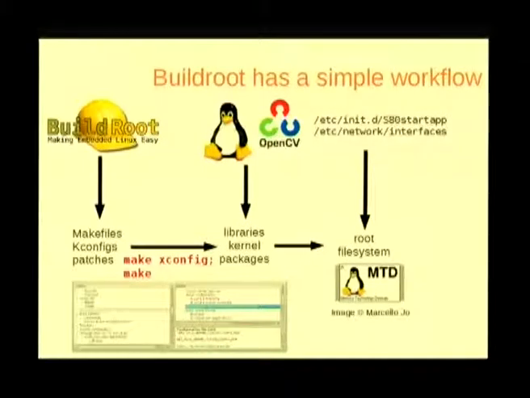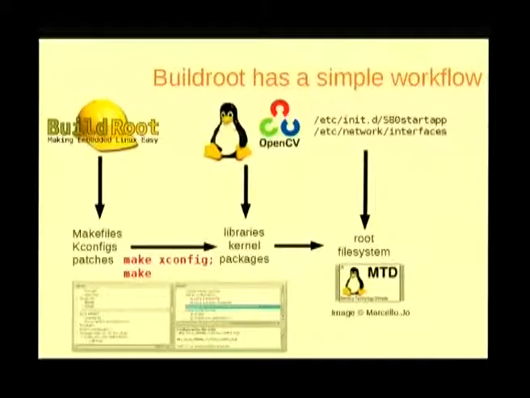So the workflow is pretty simple. You download Buildroot, which is these makefiles, kconfigs, and patches. Then you do a make xconfig, do some selection, do make, and then wait. If you do a minimal install with downloading a pre-built toolchain, you can build it, including the kernel, in about an hour on my laptop.